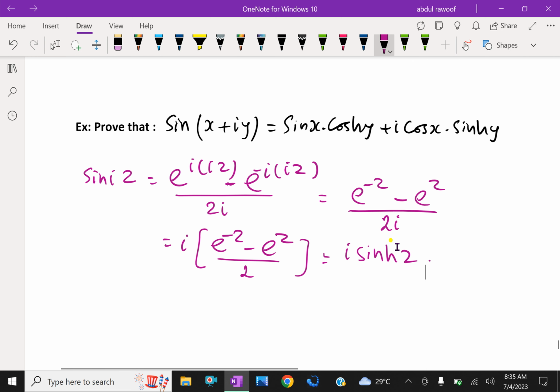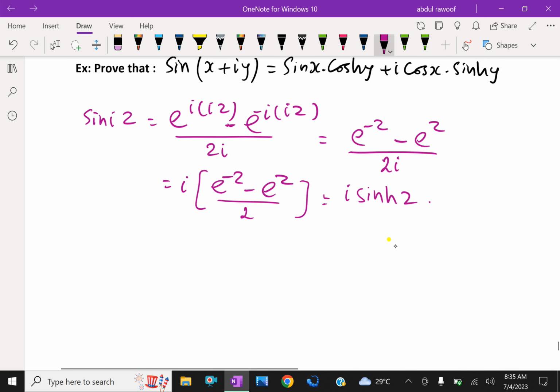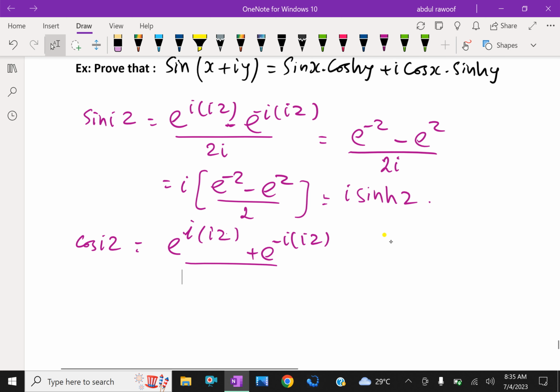Then the same for cos iz, which equals (e^(i·iz) plus e^(-i·iz)) over 2, not 2i, because it's cos.